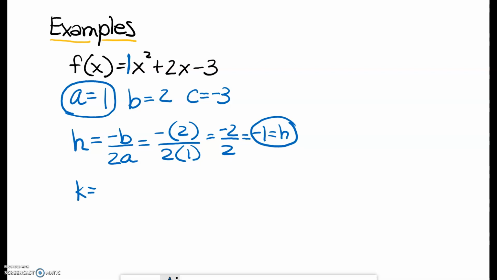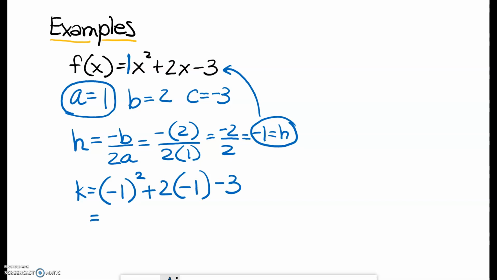Well, I'm just going to plug my h value back into the equation. So I get negative 1 squared plus 2 times negative 1 minus 3. When I square negative 1, I get 1. 2 times negative 1 is minus 2, minus 3. So when I subtract these, 1 minus 2 minus 3, I get a minus 4. So that's my k value. K is minus 4.